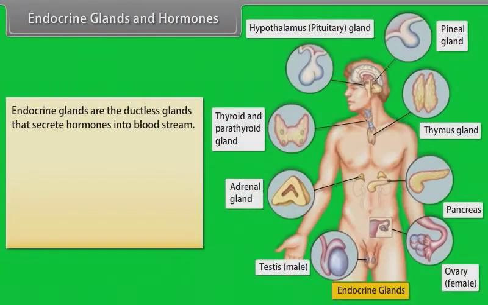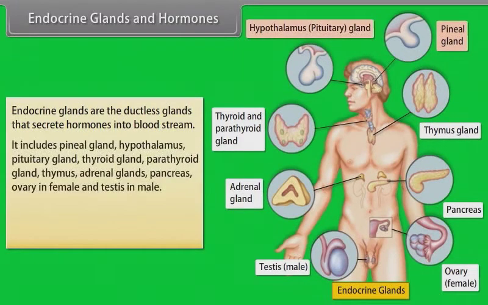Endocrine glands and hormones. Endocrine glands are the ductless glands that secrete hormones into the bloodstream. They include the pineal gland, hypothalamus, pituitary gland, thyroid gland, parathyroid gland, thymus, adrenal glands, pancreas, ovary in female, and testis in male.